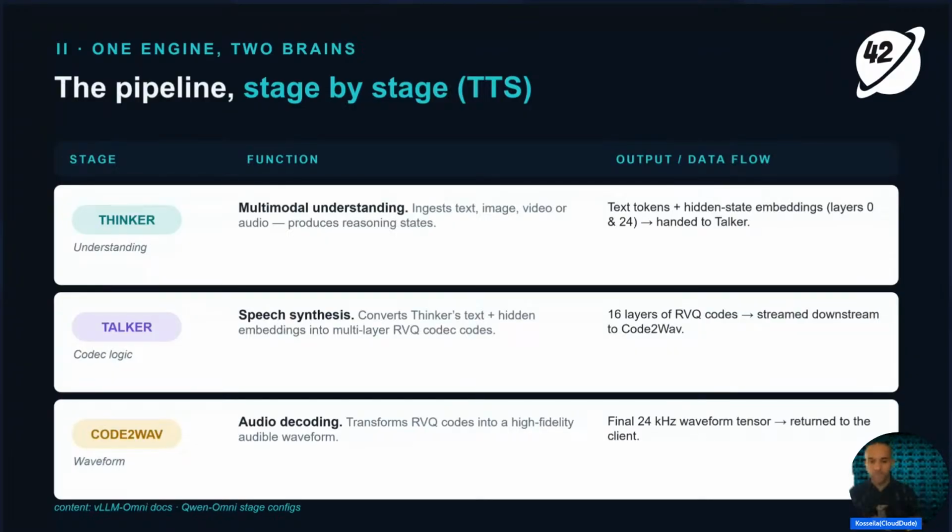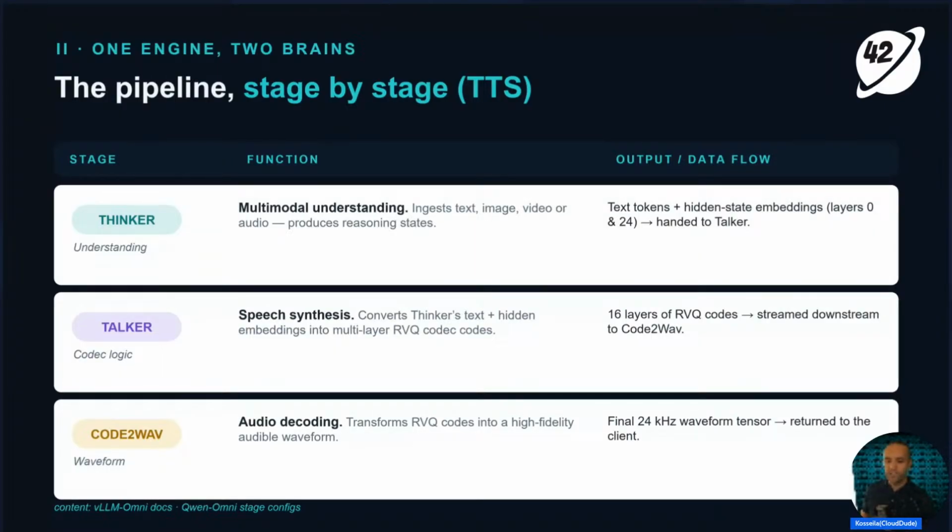And then you have the talker, which is codec logic, right? This is behind speech synthesis, for example, and it turns the thinker's text and those embeddings into codec codes or latent space, and the output is streamed down to the code-to-wave. Code-to-wave is just something that renders.